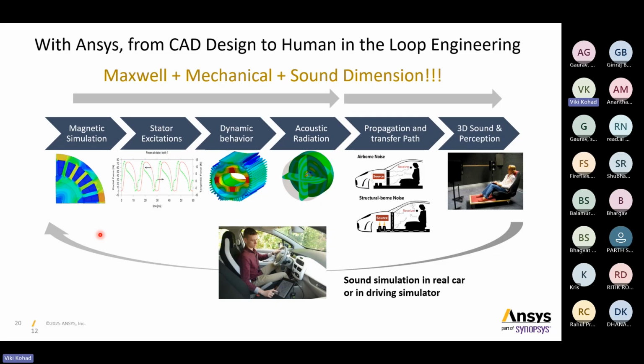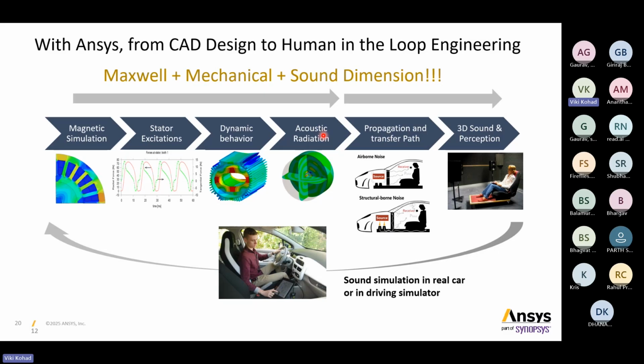Maxwell is specialized in electromagnetic simulations. The mechanical tools are specialized in structural analysis, harmonics and noise analysis, and there are also sound tools like ANSYS Sound. ANSYS Sound is terrific in predicting the noise, in how many decibels the noise is.